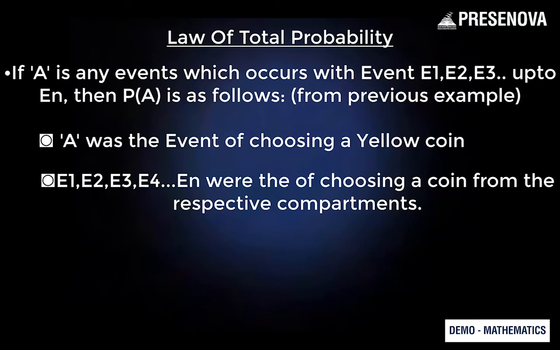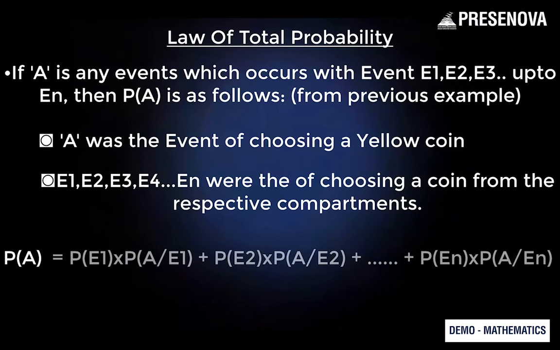Then P of A, the probability of choosing a gold coin, will be equal to the probability of choosing compartment 1 into the probability of choosing a gold coin in compartment 1, plus the probability of choosing compartment 2 into the probability of choosing a gold coin in compartment 2, and so on.